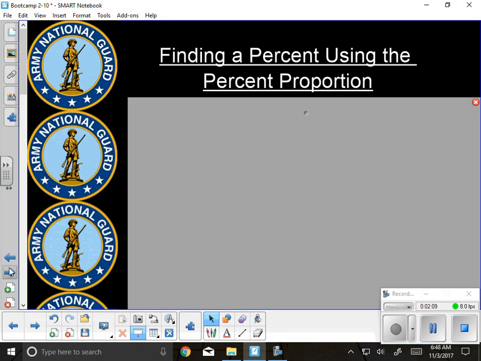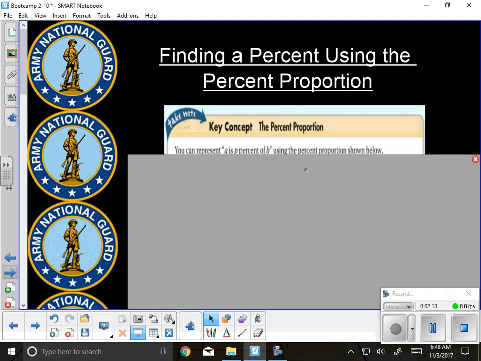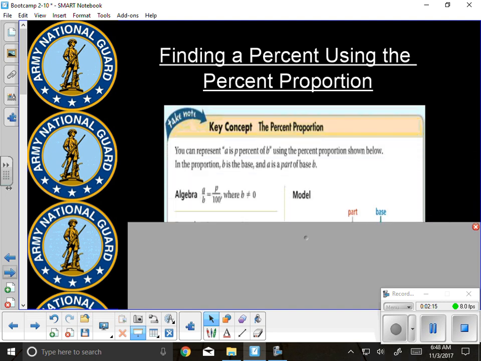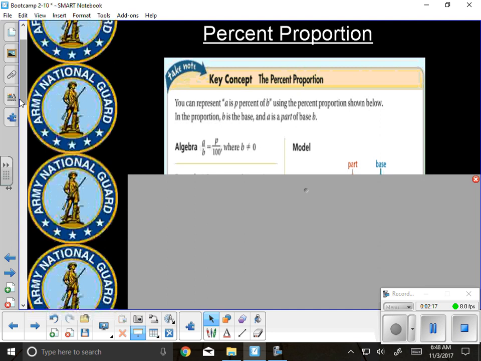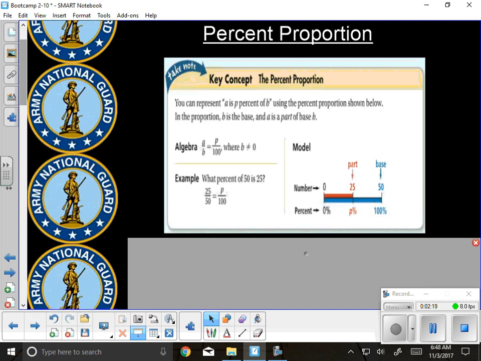Alrighty, so we're going to start off by finding a percent using the percent proportion. So when we're doing that, you can look here at the key concept. It states that you can represent A is P% of B using the percent proportion shown below. In the proportion, B is the base and A is part of the base. So an example of this would be, say, we're talking about the class, and the class has 25 kids in it.